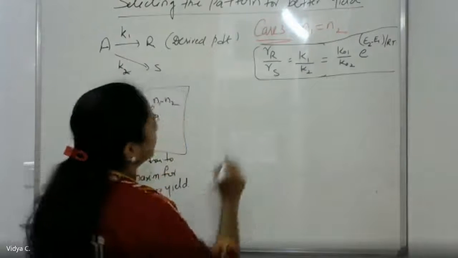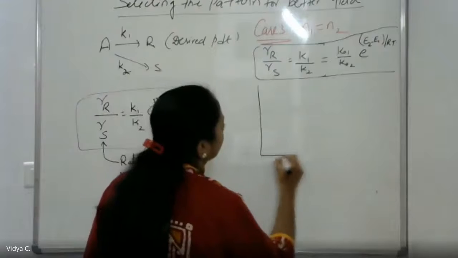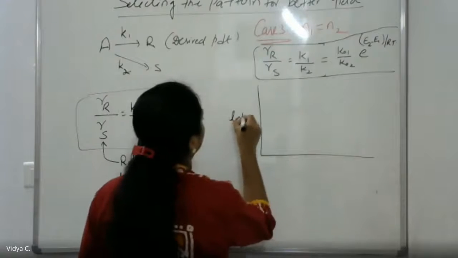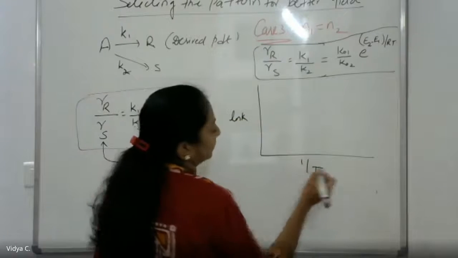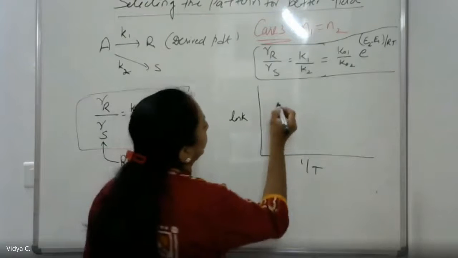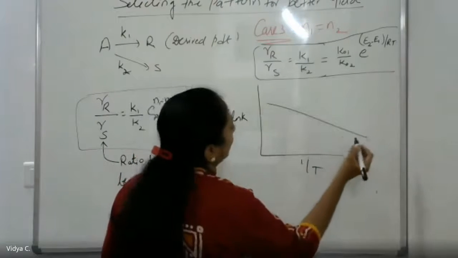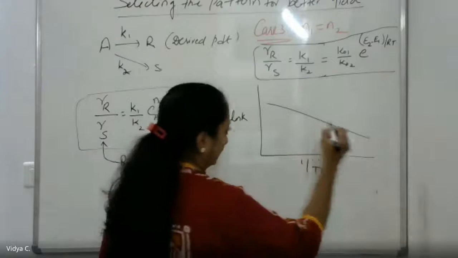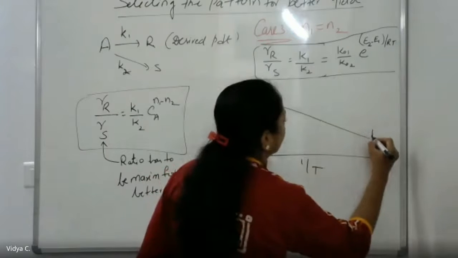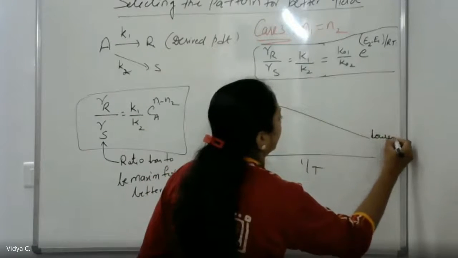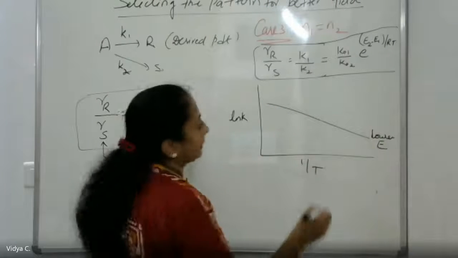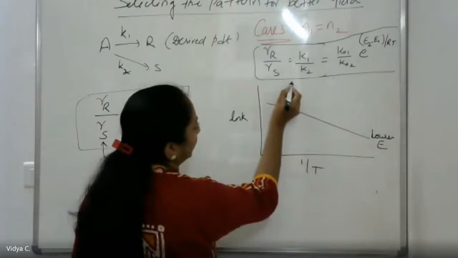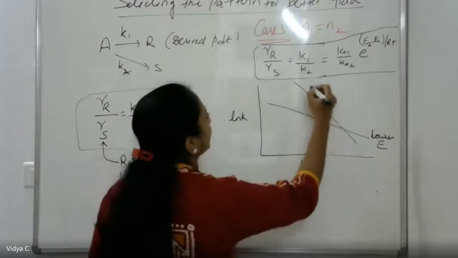What was the Arrhenius plot? Arrhenius plot is ln K versus 1 by T. And here I had clearly explained: lower activation energy, slope will be lesser. For higher values of E, it is steeper.